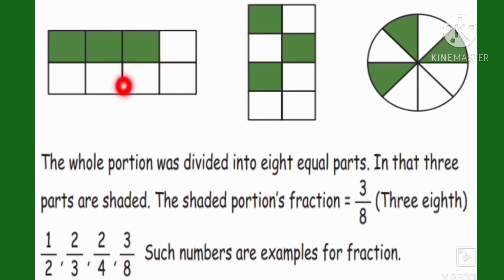Children, the fraction of the shaded portion will be 3 by 8 and the fraction of the unshaded portion, not colored, is 5 by 8: 1, 2, 3, 4, 5. The unshaded parts are 5, and the total number of equal parts is 8. So 5 by 8 will be the fraction of the unshaded portion.